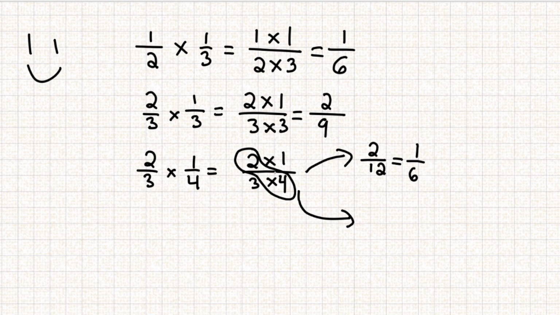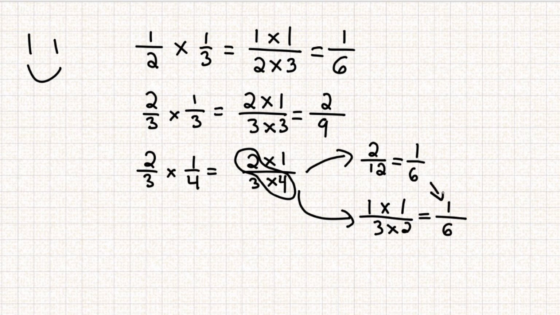So I'm dividing these two by 2. So that's going to come out to 1 times 1, because I'm doing 2 divided by 2, which is 1, divided by 3 times 2. 4 divided by 2, which is 2. 1 times 1 is 1, divided by 3 times 6... which is 6.